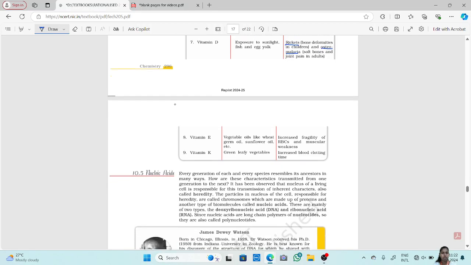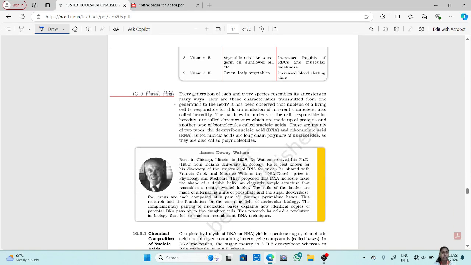Now next is vitamin E. Basic sources are vegetable oils like wheat germ oil, sunflower oil, which we use nowadays. Deficiency causes increased fragility of RBCs and muscular weakness. Next is vitamin K. You get it from green leafy vegetables.